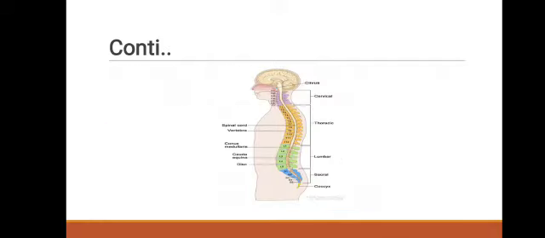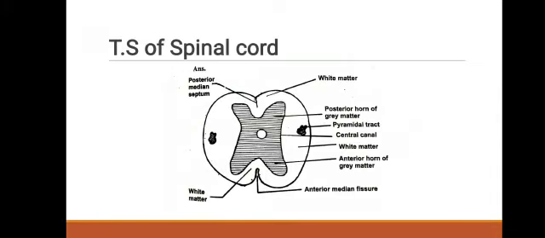In this diagram, we can see the total structure of the spinal cord. That is, it arises from the brain to the last part, that is the coccyx. In this diagram we can see the tiers of the spinal cord.